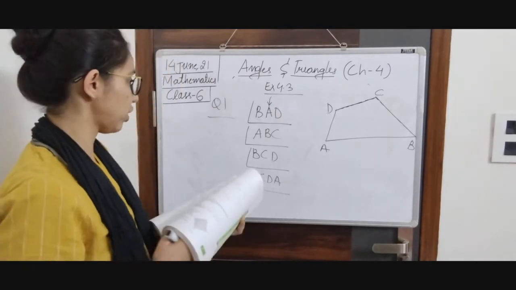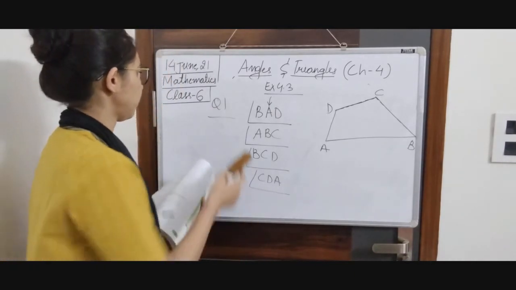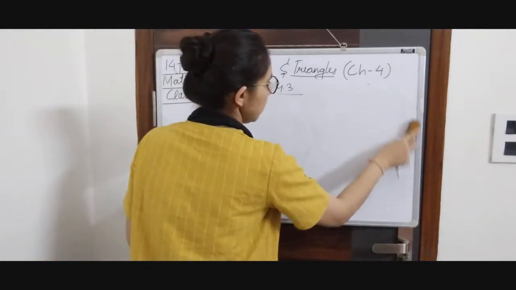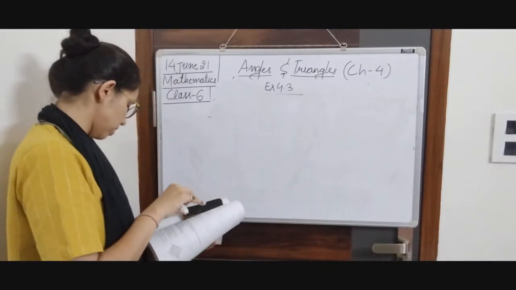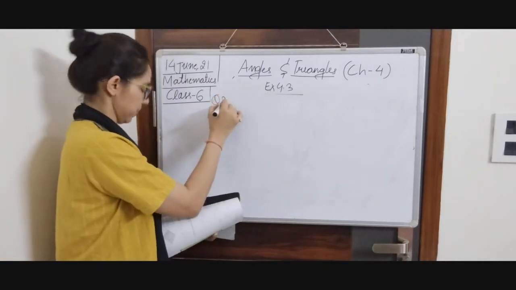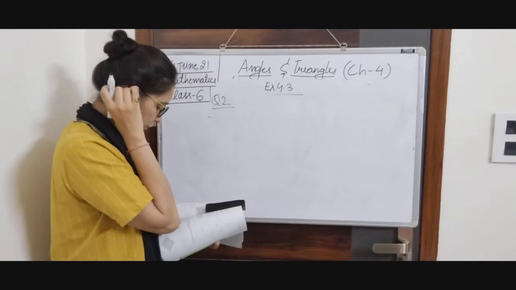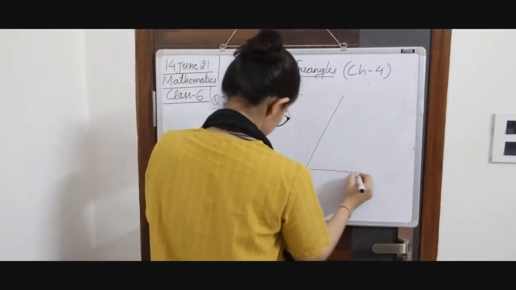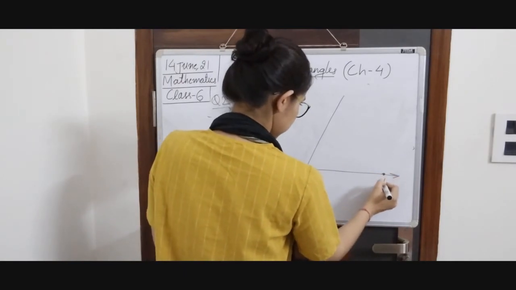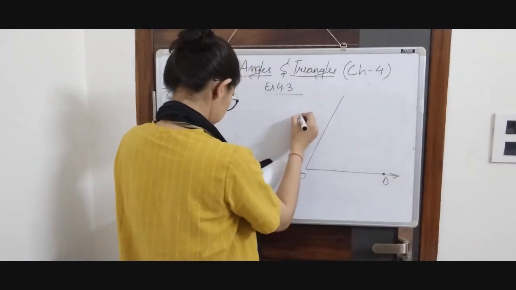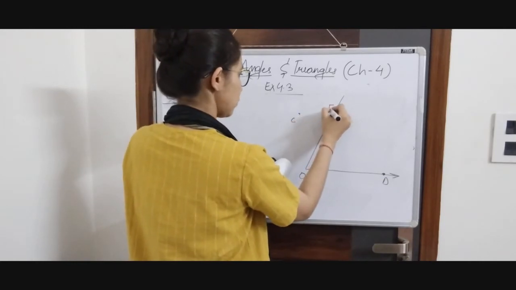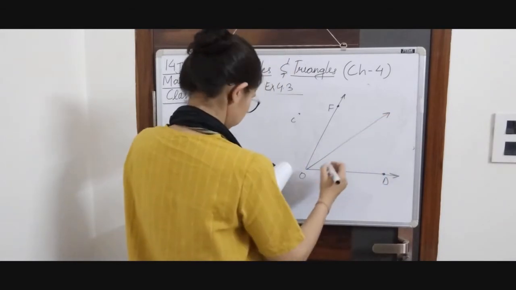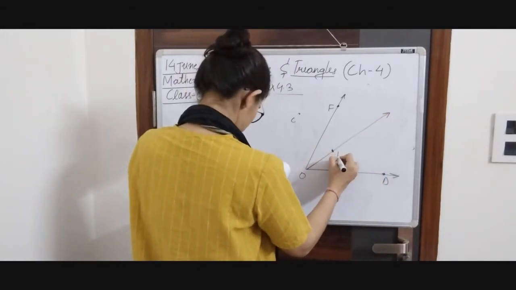Then in question number 2, we have a diagram, and we have to name the points which are in the interior and which are in the exterior. The figure is like this. This is point D, point O, point C is here, point F is on the arm of the ray, and we have another ray passing through point O only.